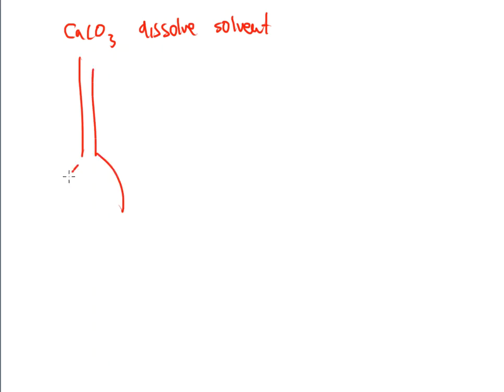So let's say that I have calcium carbonate, and I dissolve this stuff in a solvent. There's a couple of ways to look at it. In my volumetric flask, I've got some solid calcium carbonate here, and then I add my solvent to go up to the line. Make sure it's dissolved, make sure that it's to the line, prim and proper. And I can talk about a concentration based on the calcium carbonate.